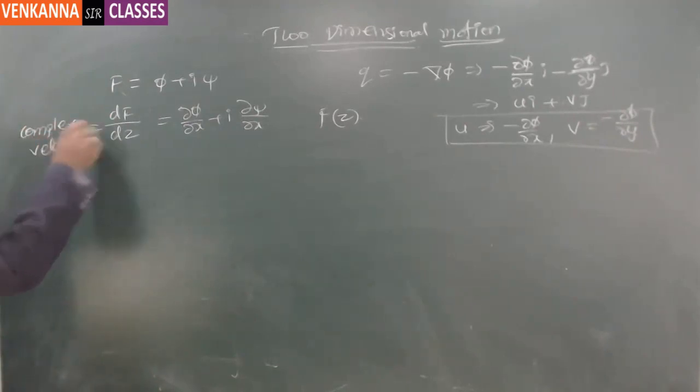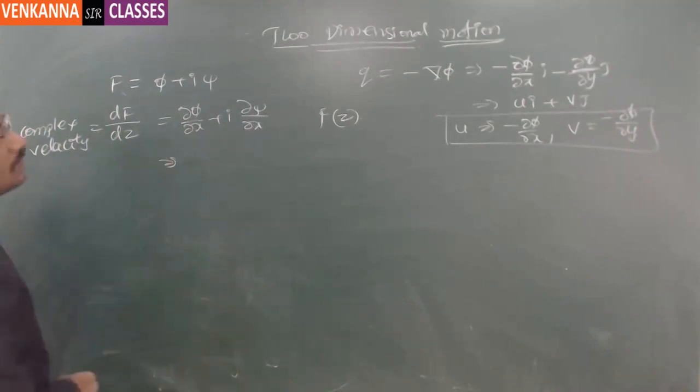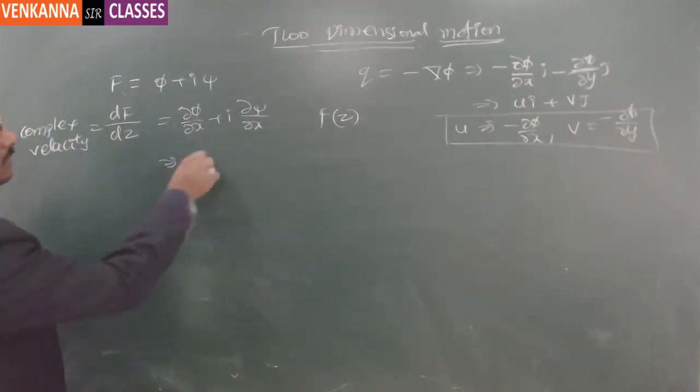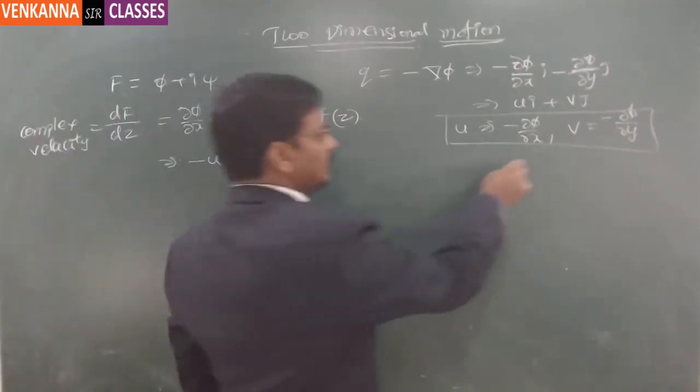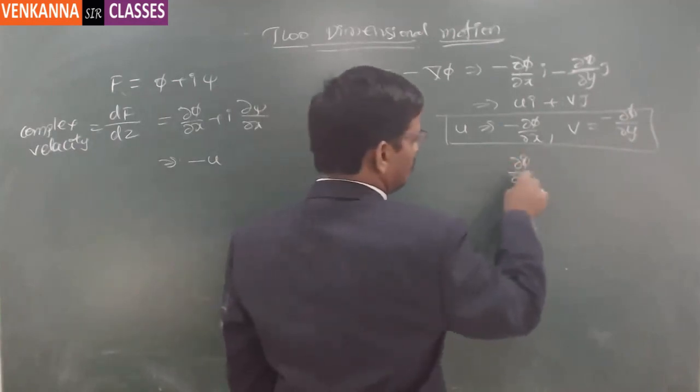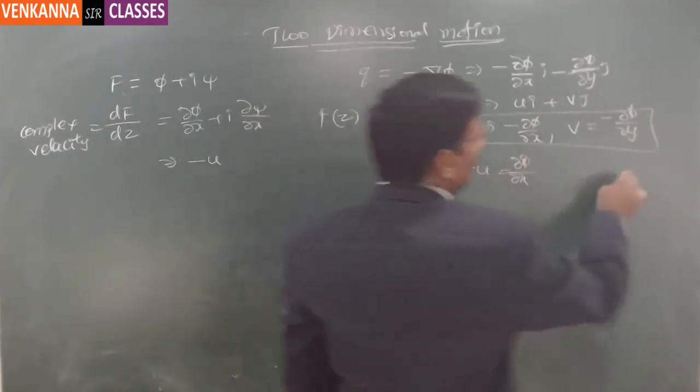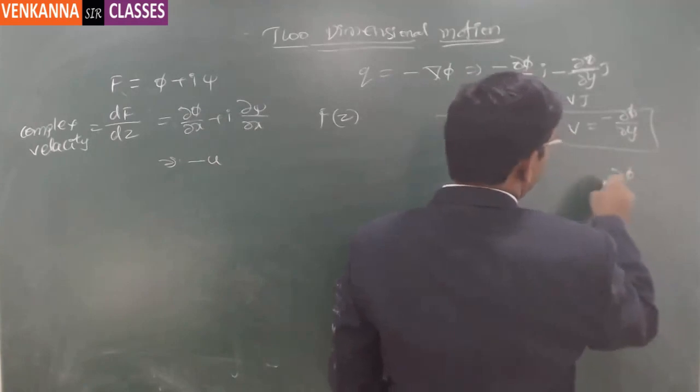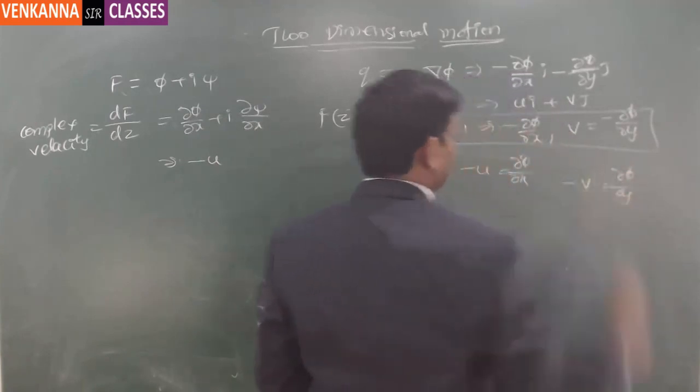So this derivative is nothing but the complex velocity, and this complex velocity you can find out. ∂φ/∂x is equal to minus u, and ∂φ/∂y is equal to minus v.